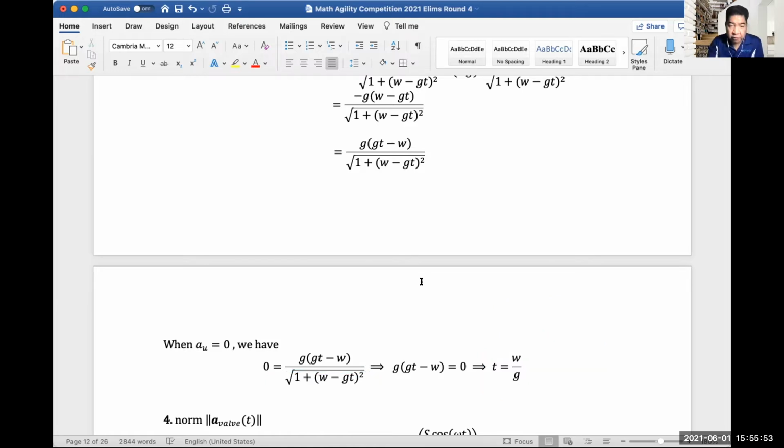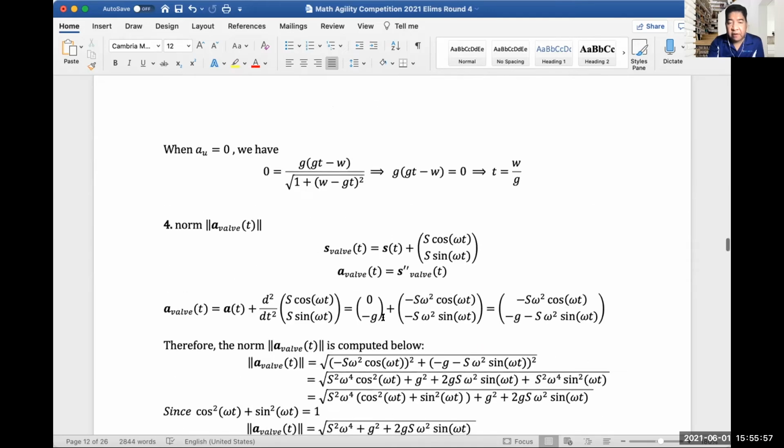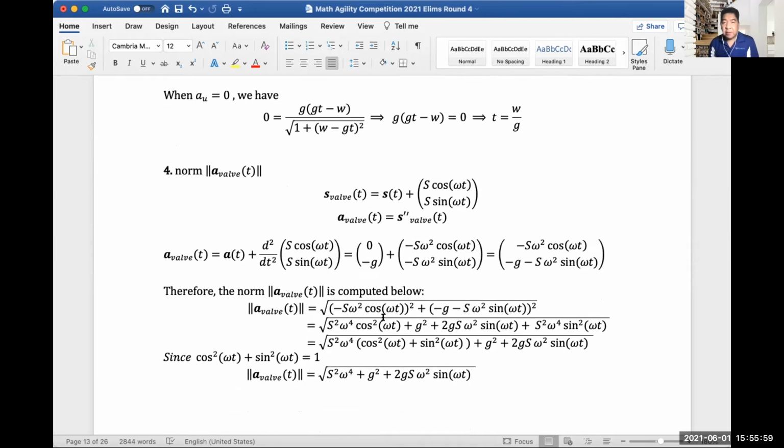So this would be the answer. Okay, let's move to getting the magnitude of the acceleration of the bulb as a function of t. We are given this data, right? S bulb equals S of t plus S of cosine omega t and S sine of omega t.